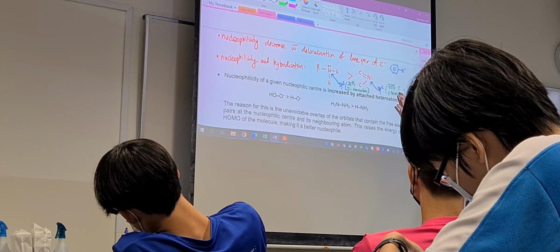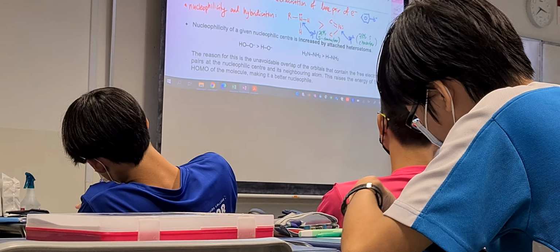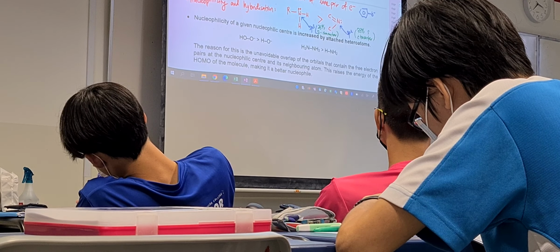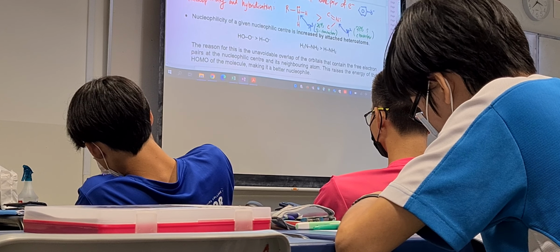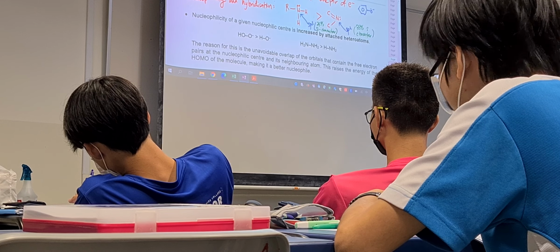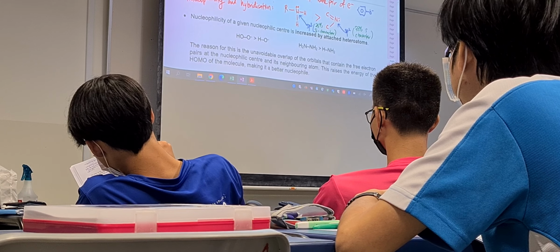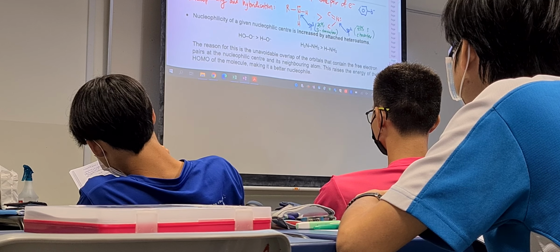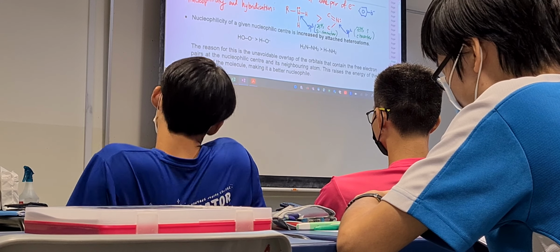So if you have a higher percentage of S character, the lone pair electrons will be more tightly held onto the nucleus, less likely to donate. So if the lone pair is on the sp2 orbital, it is less likely to donate away. Hybridization is affecting nucleophilicity. So these are two other factors which will be discussed later on, but I just want to share with you now.